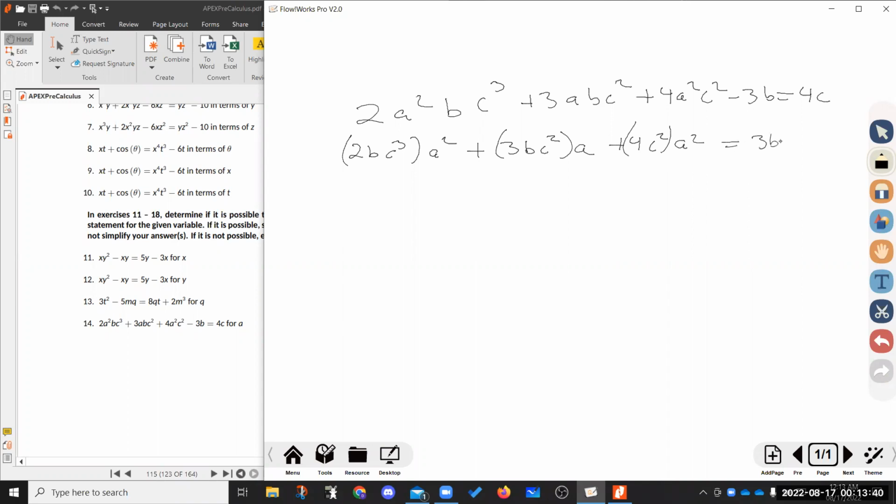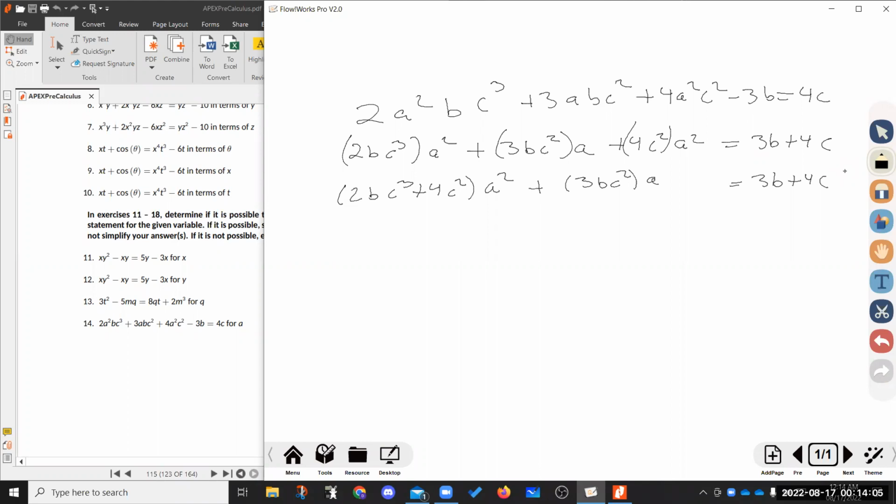equals 3b plus 4c. So let's add these a squared parts together. 2bc cubed plus 4c squared, a squared, plus 3bc squared a is equal to 3b plus 4c.